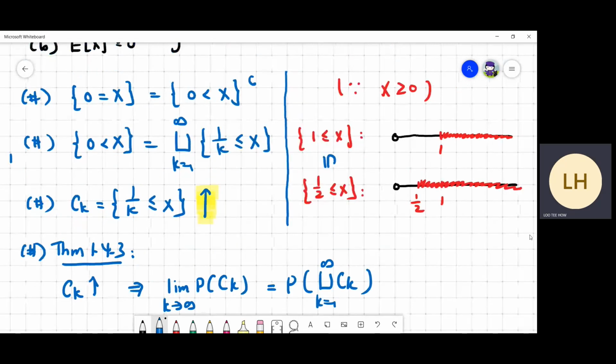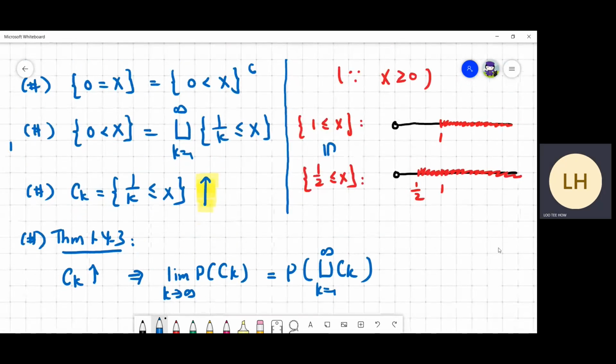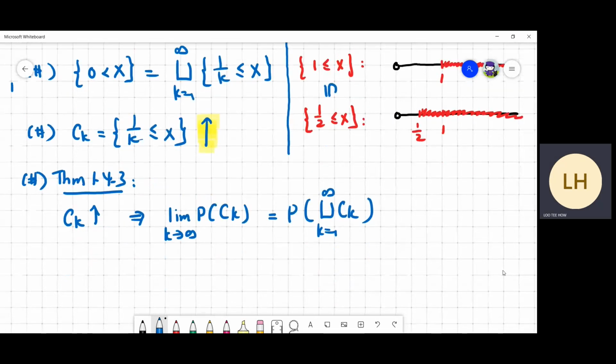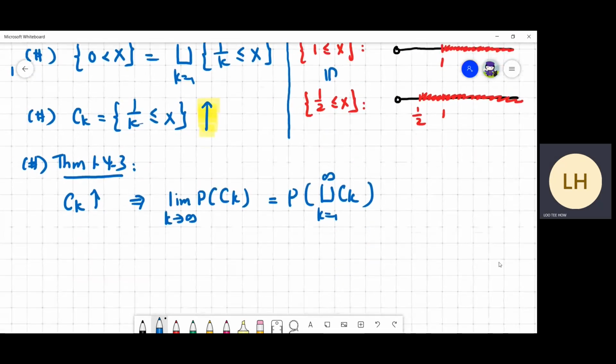So if we take Ck to be this event, the union of Ck will be just equal to this. Okay. Having all these observations, we are ready to solve, or to prove, this theorem.